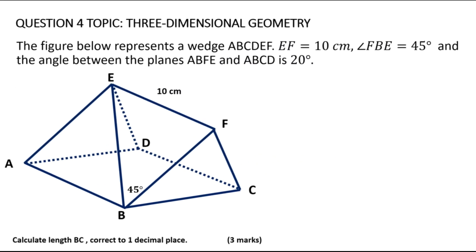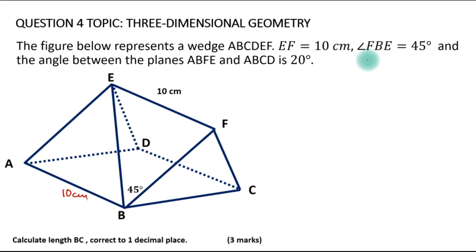So in this case, we need to know that we have been given EF. So EF is equal to AB, which is also 10 centimeter.